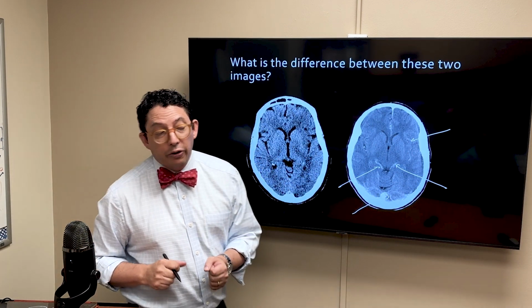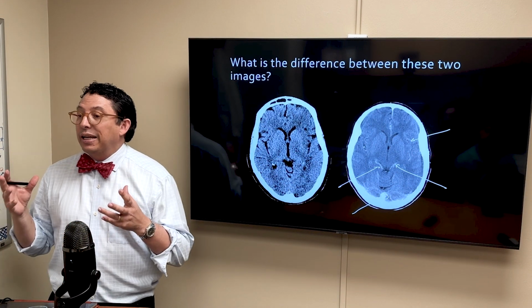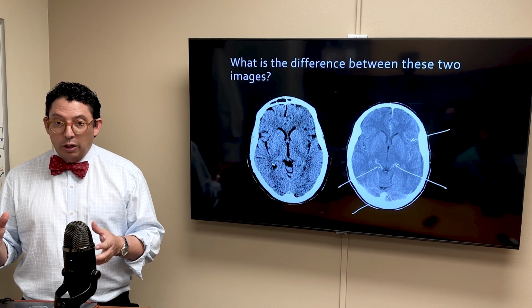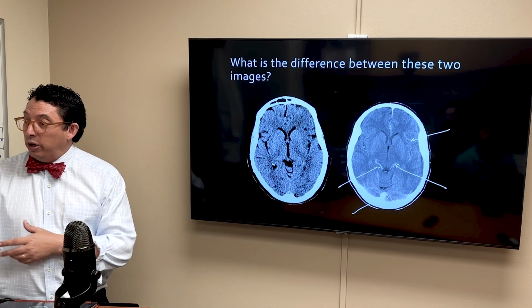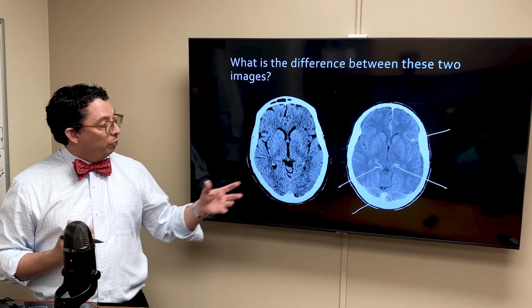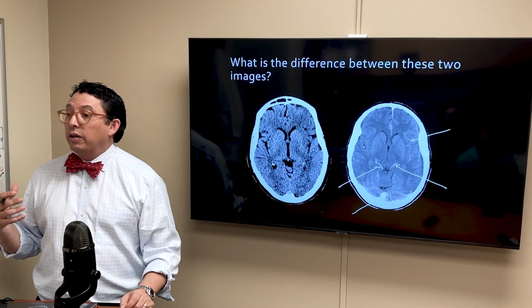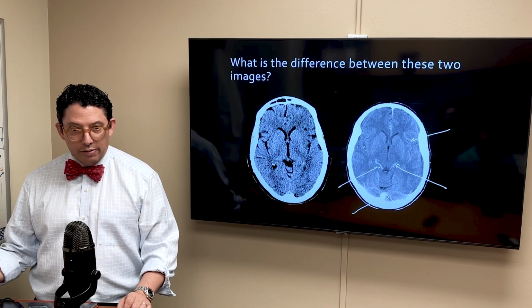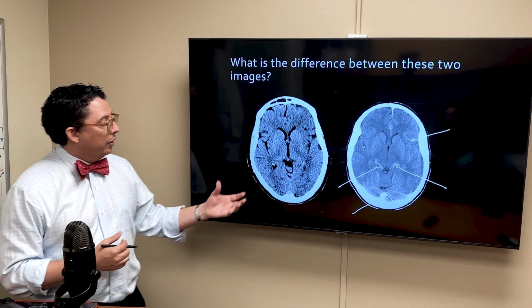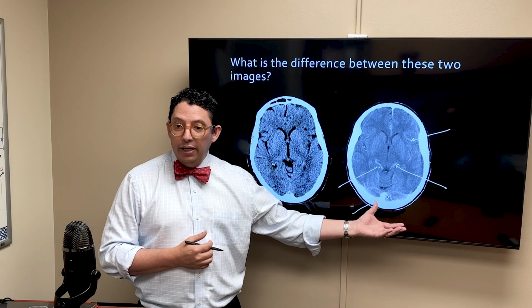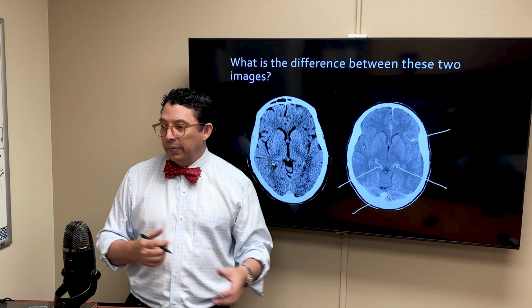The differences here are based on something that I put into the patient's body that was denser than regular blood, that makes the vessels, and these are blood vessels, look denser. And that's what we call contrast. So this is a CT without contrast, and this is a CT with contrast.